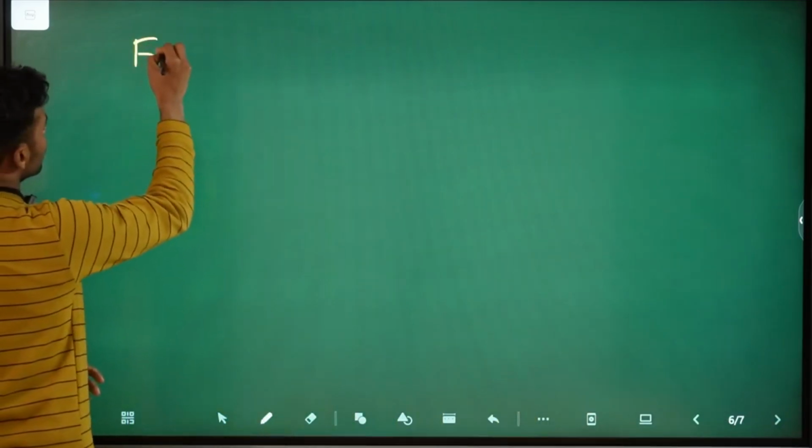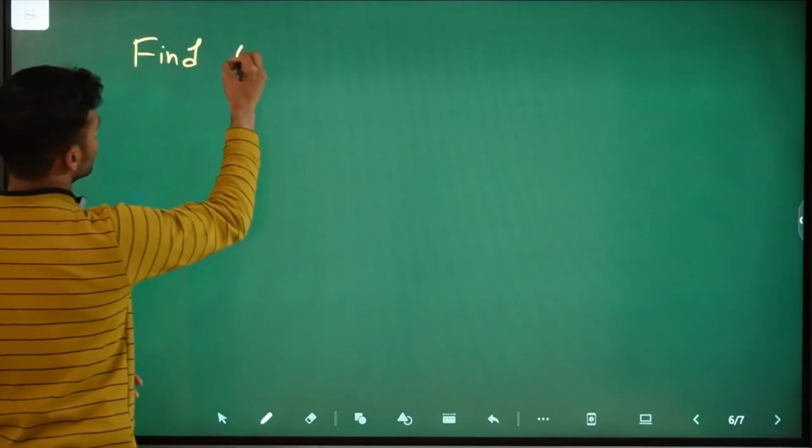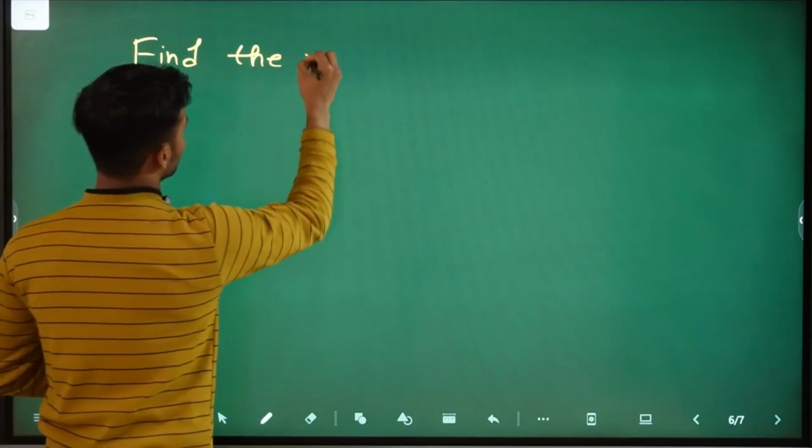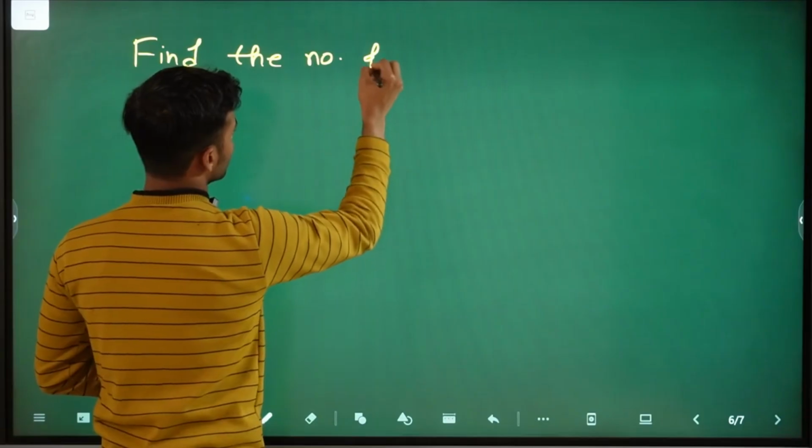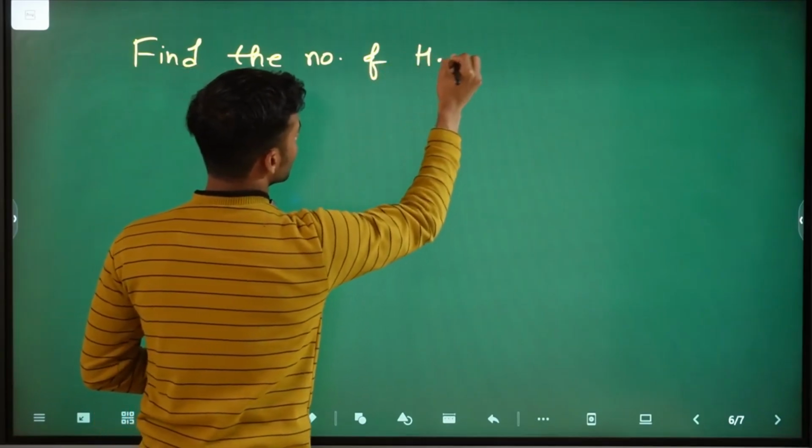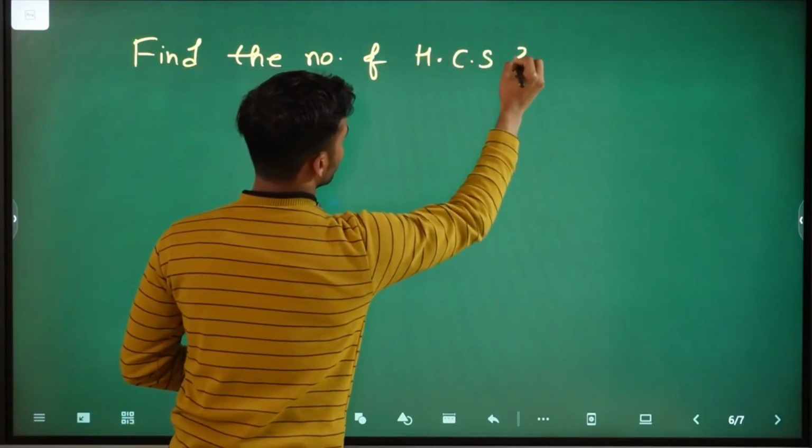Find the number of hyperconjugative structures.